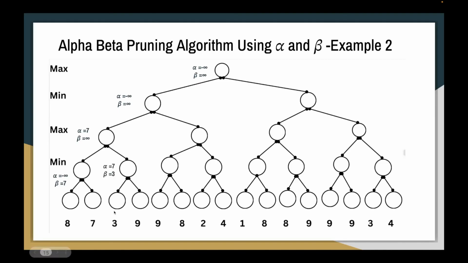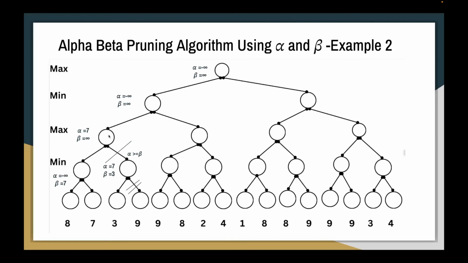When it sees 3, beta is equal to 3. When it sees the next one, 9, now the alpha value becomes greater than or equal to the beta value. So it will not evaluate the next subtree, it will prune the next subtree.